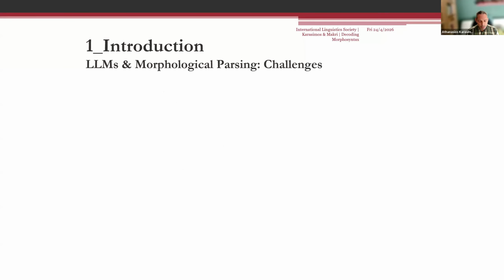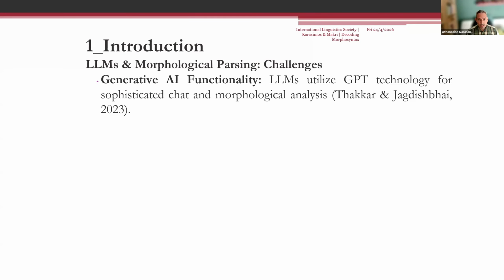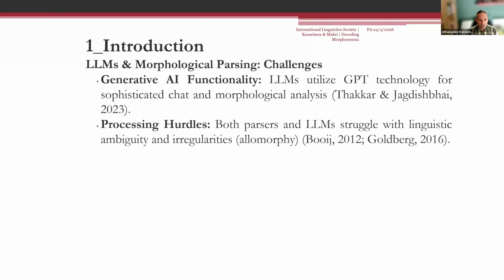Also, there are specific kinds of challenges that we can identify in the combination between the LLMs and morphological parsing. First of all, since the LLMs utilized the GPT technology for sophisticated sound and morphological analysis in 2023, we saw that it is quite capable, at least to do some basic morphological tasks.